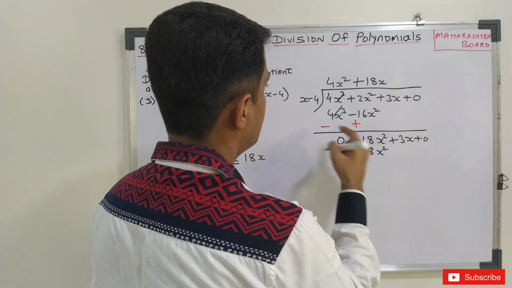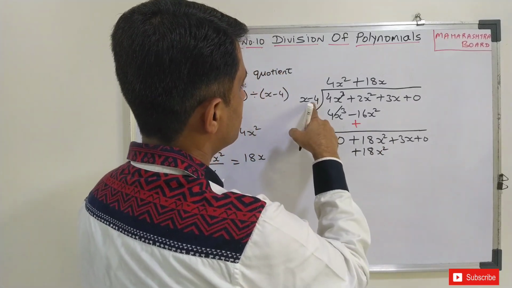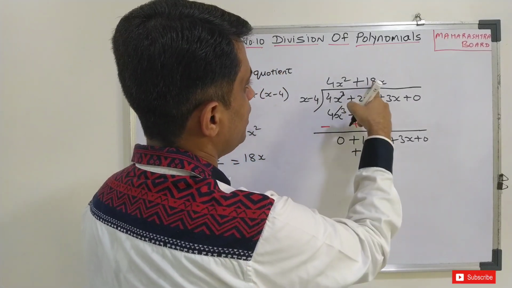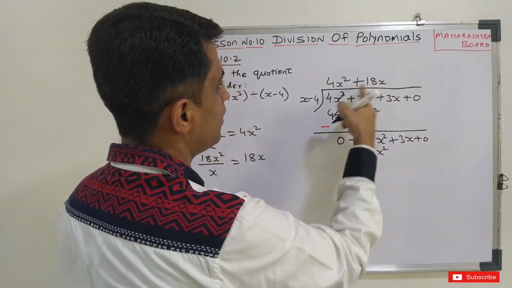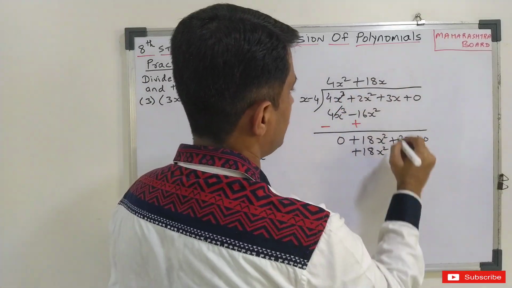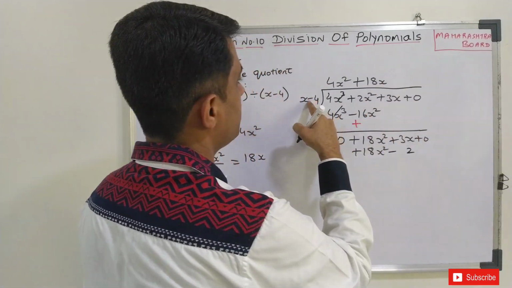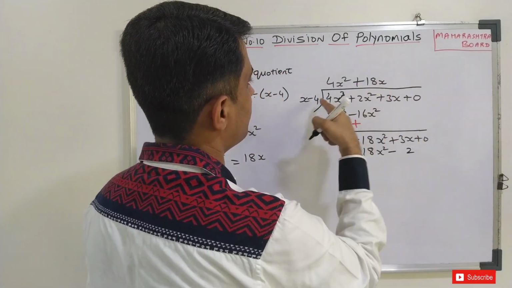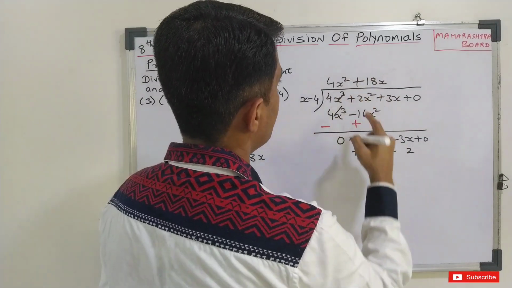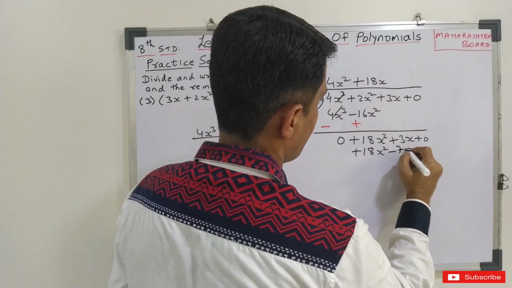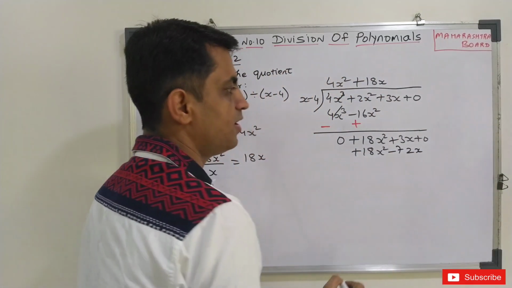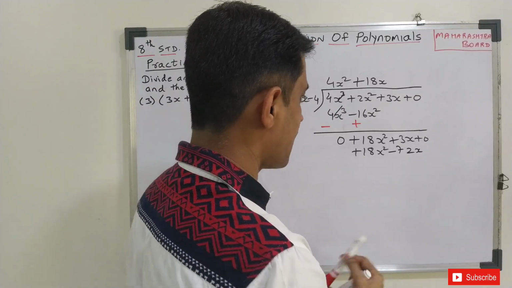Now x into 18x is 18x square. That is plus. Okay. Now this minus 4 into 18. Minus 4 into 18, 8 4s are 32. Here minus because plus into minus is minus. 8 4s are 32, 4 1s are 4, so 72. Means minus 72x. Again the sign will change.